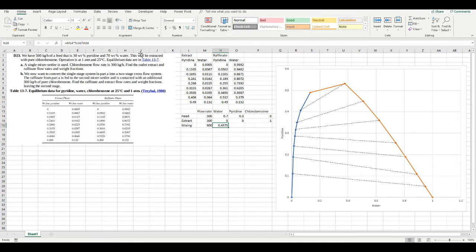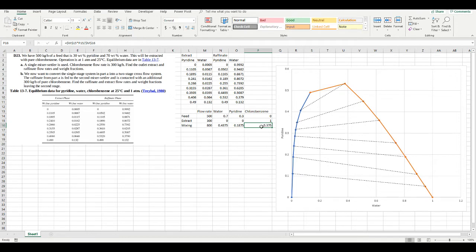And then we can repeat this calculation for all of the components. So pyridine, chlorobenzene as well. And there we have it.